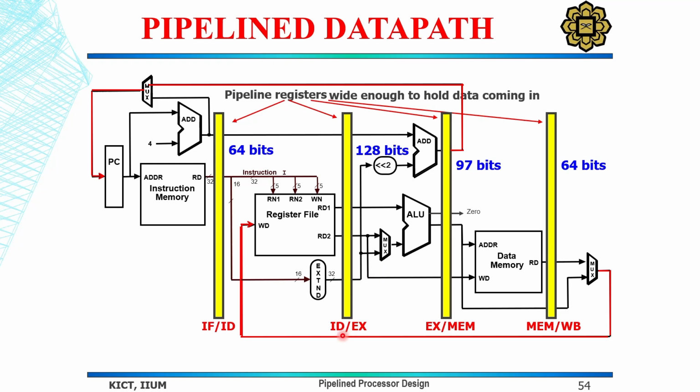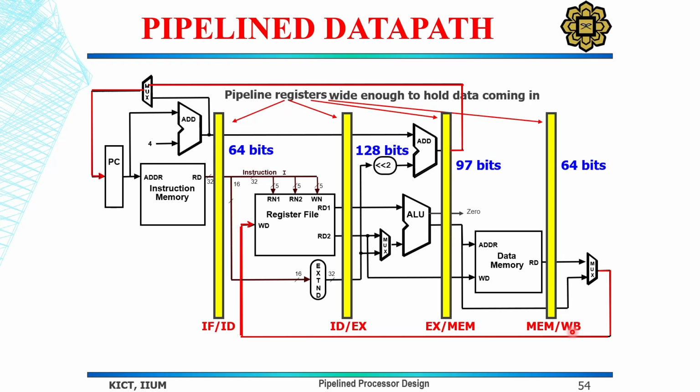Then we have a register between execute and memory access, which is EX/MEM, execute and memory. And finally, we have one pipeline register between memory access and write back, which is MEM/WB.